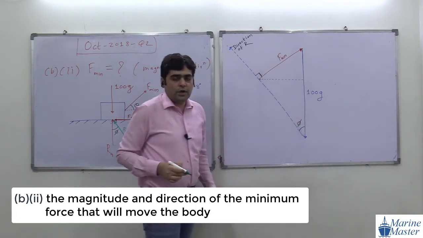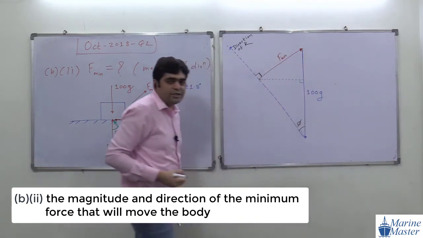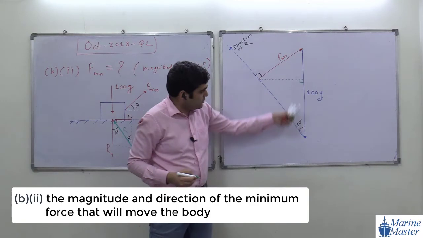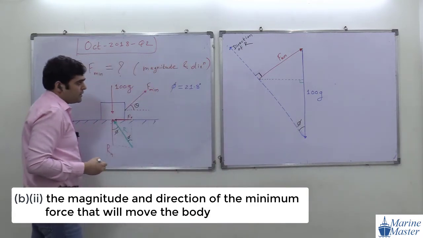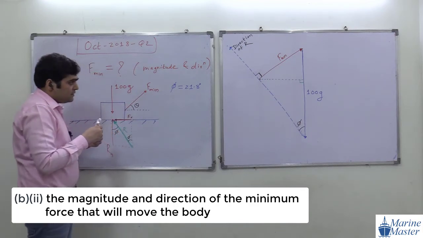This horizontal line is perpendicular to the 100 G, that is the vertical line. Now, observe this drawing.